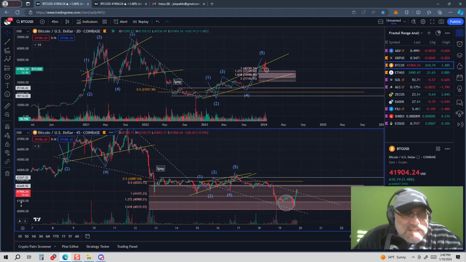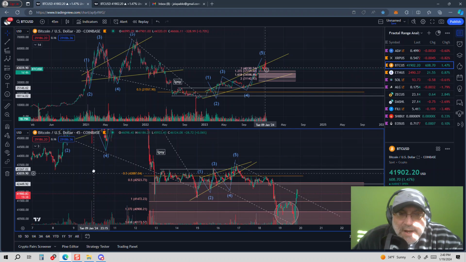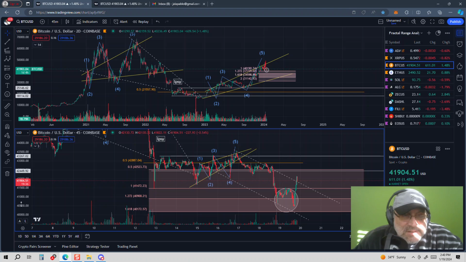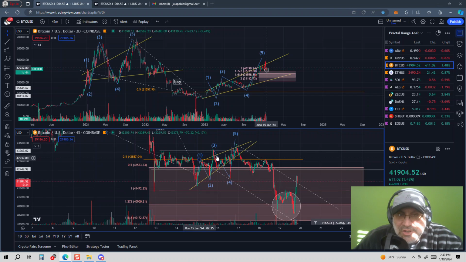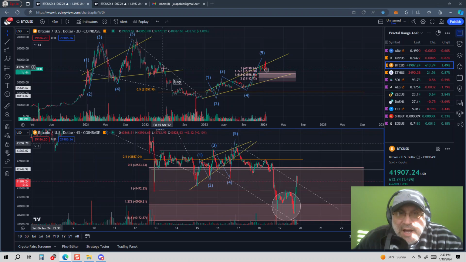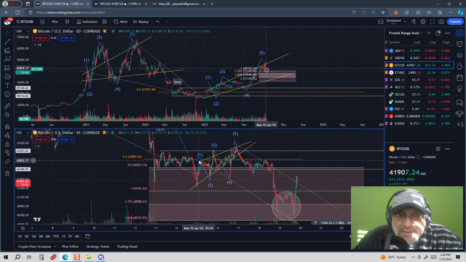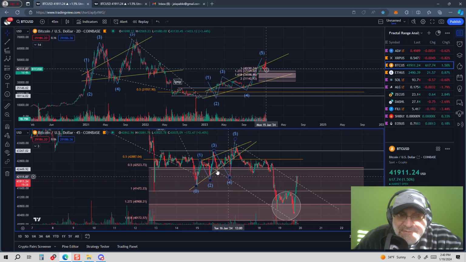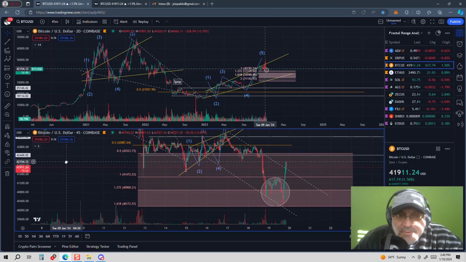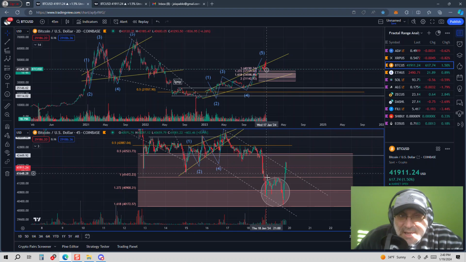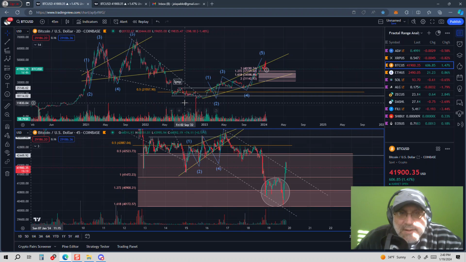So this wave has already distributed, as we can see in the fractal range analysis chart. It's already come down through, kind of like here, where we could draw the line from the 1 and the 4. Here's your bottom trend. And we see that it's hitting the support line almost right on the money, the same way that it did here.